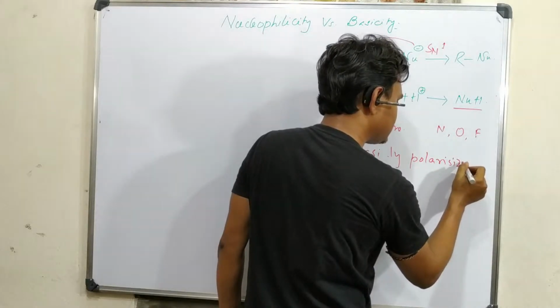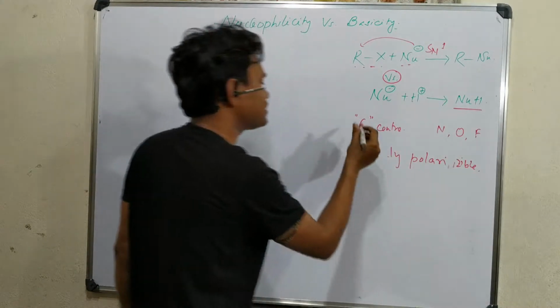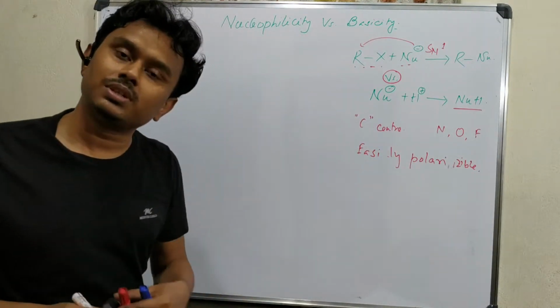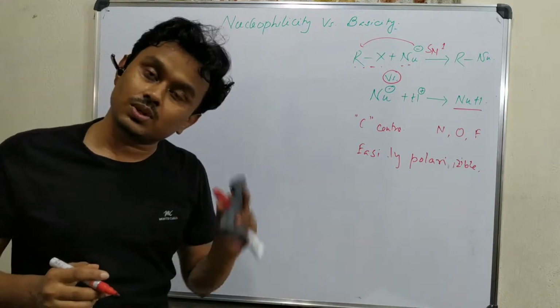What do I mean? It means the electron density on carbon could easily be dragged or modified using some external factor.